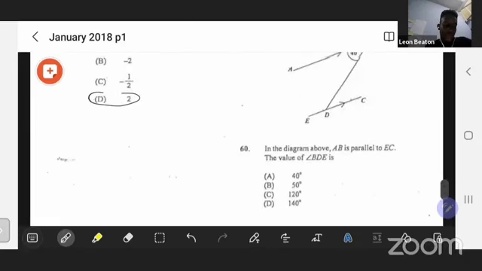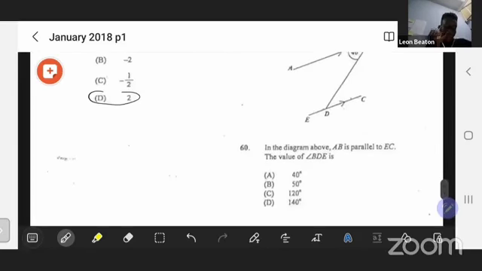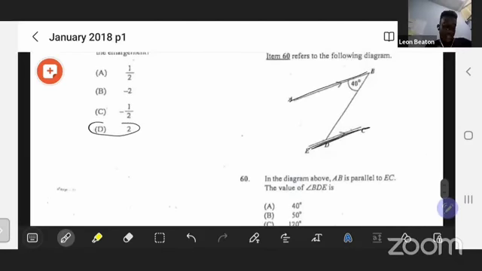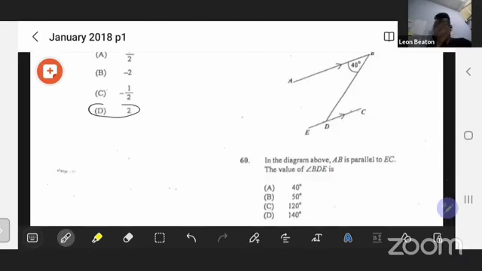Item 64, so the following diagram. In the diagram above, AB is parallel to EC. So AB is parallel to this here. The value of angle BDE is... when they give us three letters for an angle, we talk about the letter in the middle. This is just for those of you that did not know.